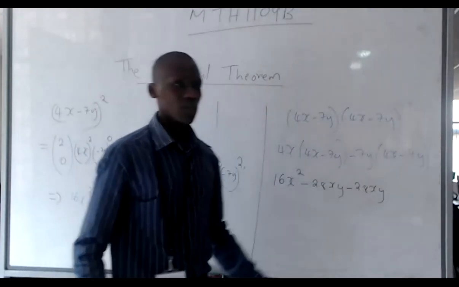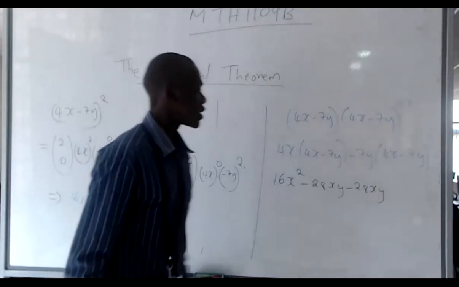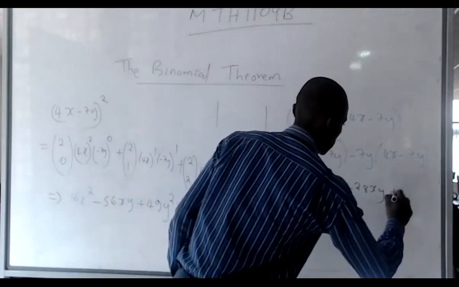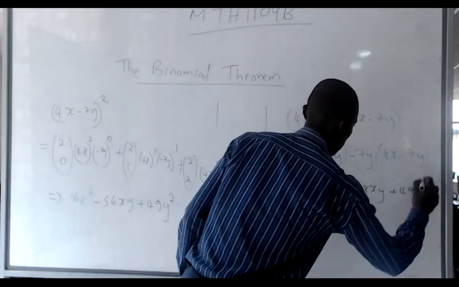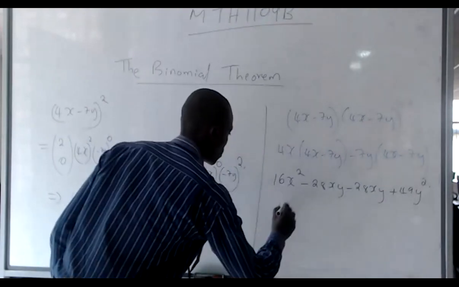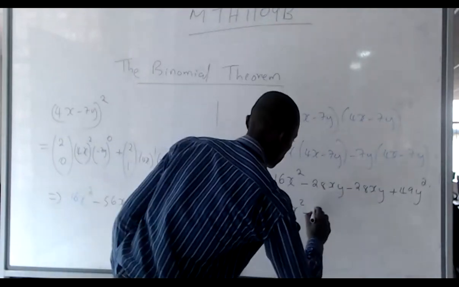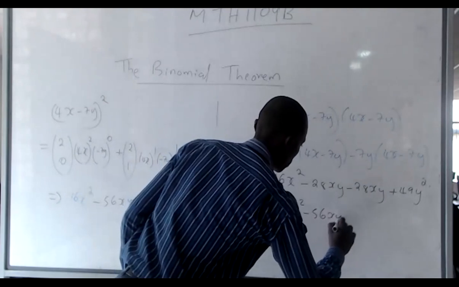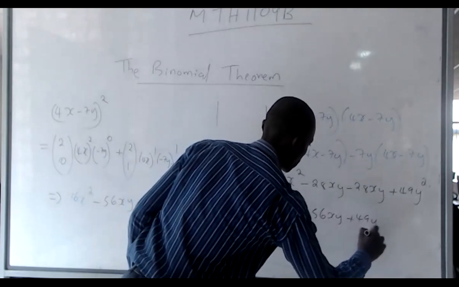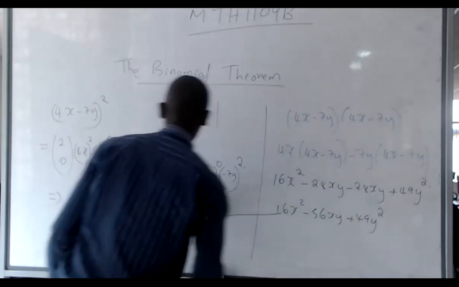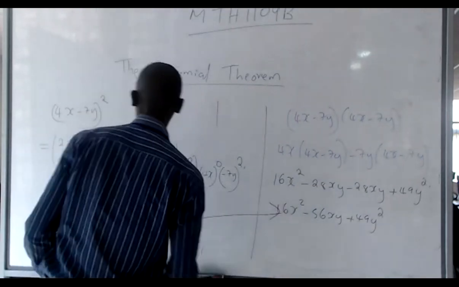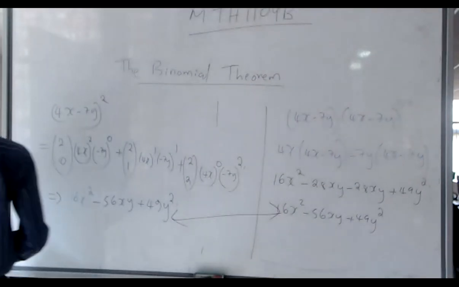Minus times minus is plus, so 7 times 7 is 49, so this is plus 49y squared, and you end up with 16x squared. Put these guys together, minus 56xy plus 49y squared. And this is the exact same thing you have on this side.